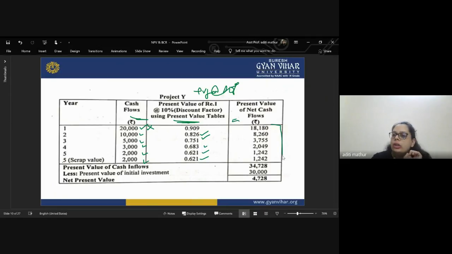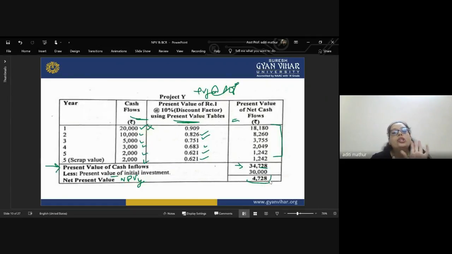Then add them all together to get your total present value of cash inflows, which is 34,728. Then subtract it with the initial investment amount, that is 30,000. Your net present value NPV for project Y is 4,728.